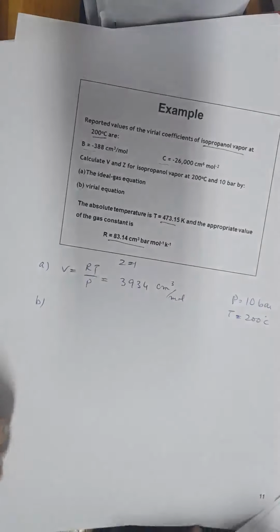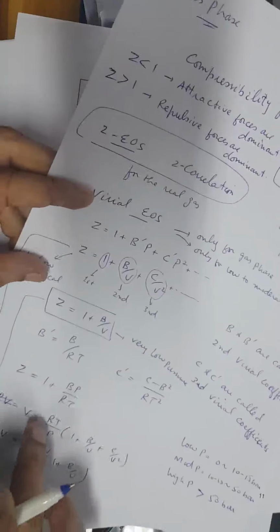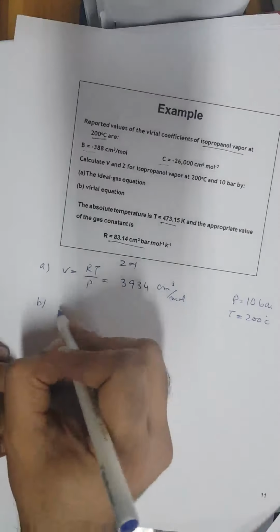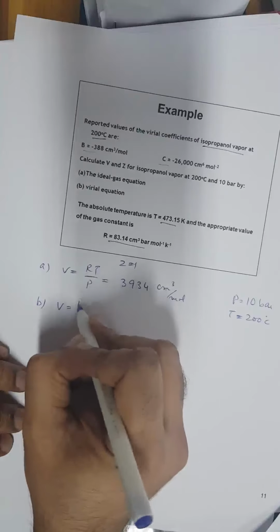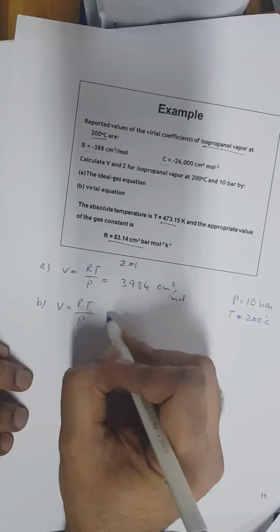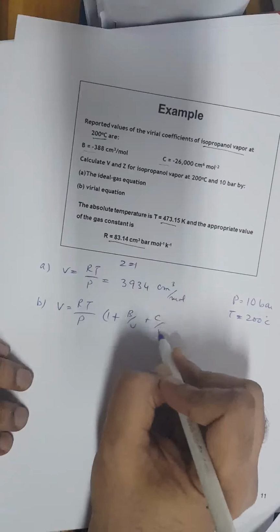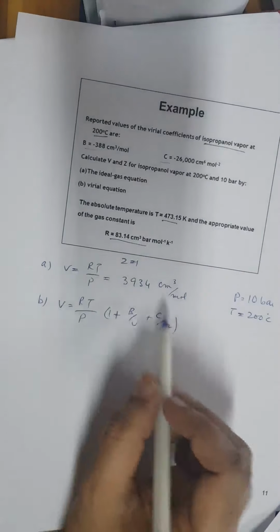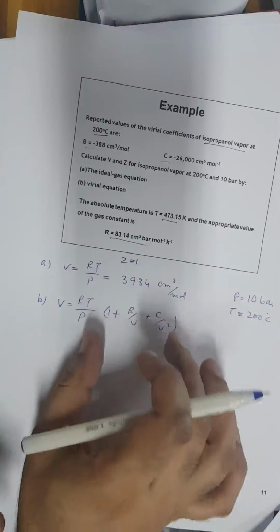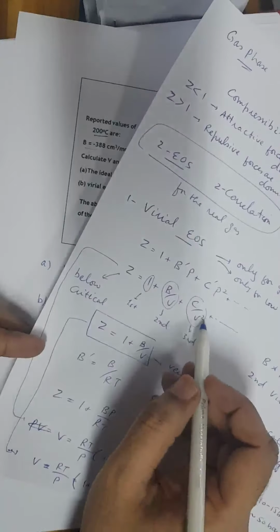Pressure is given, so we have to solve the problem for the volume. It is better to use this equation: V is equal to RT over P, 1 plus B over V plus C over V squared. We have only B and C given, so we can stop the equation up to here.